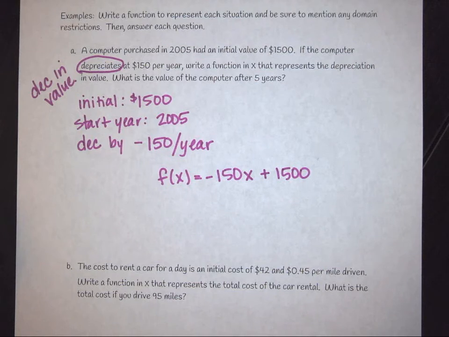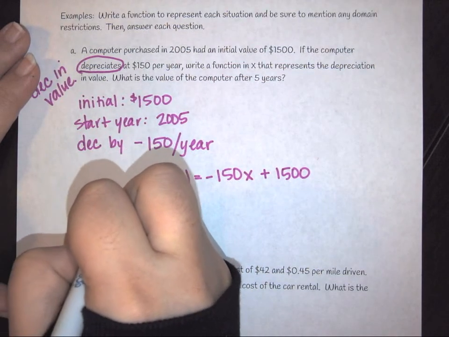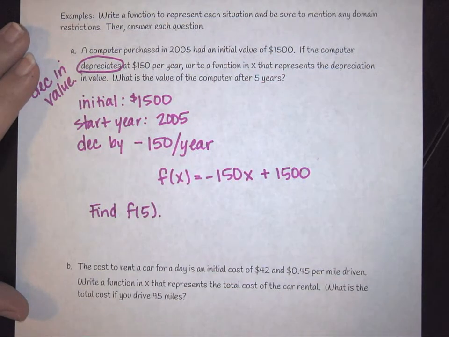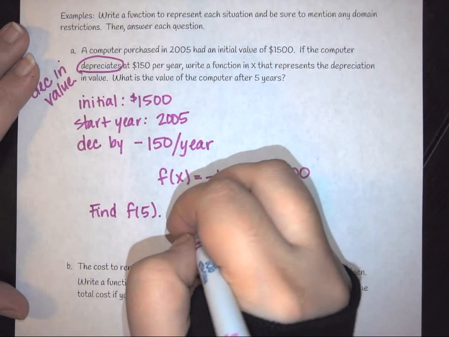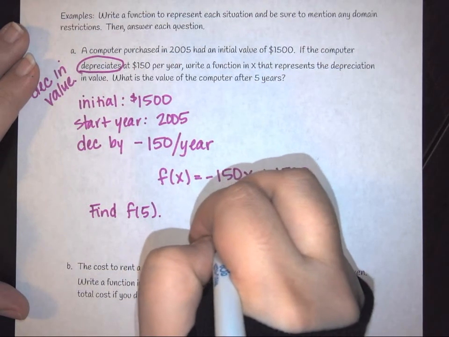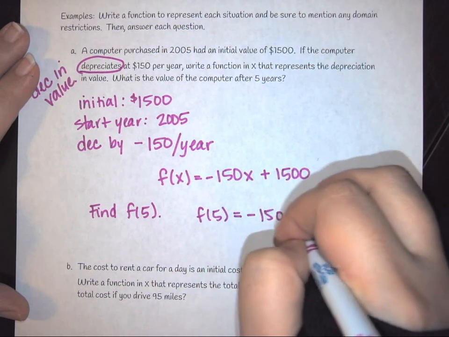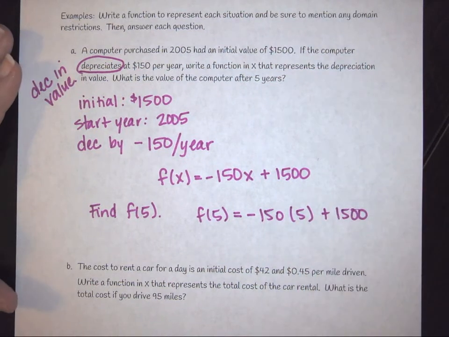The second part says, what is the value of the computer after 5 years? So the second part says, find f of 5. That says anywhere you have an x, you plug in a 5. So f of 5 is equal to negative 150 times 5 plus my 1,500.